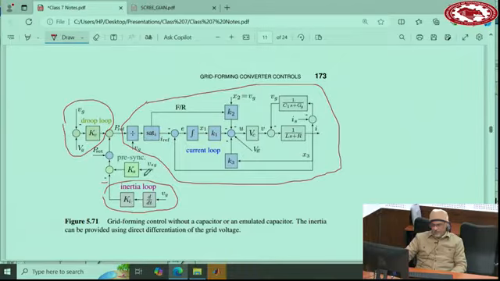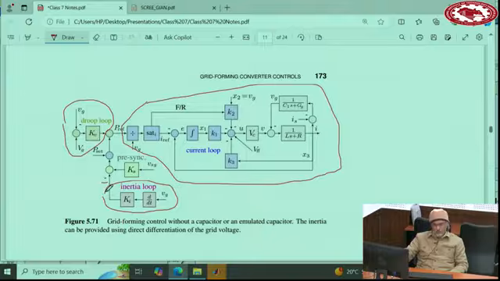And then there is another term here which you don't need to worry about now, because this is basically for AC. But in order to complete the picture, I put it here. That's the synchronization term here. And this is the set point of the power. So this is basically grid following or grid feeding, but it adds both the static support and the dynamic support to it without adding a capacitor.